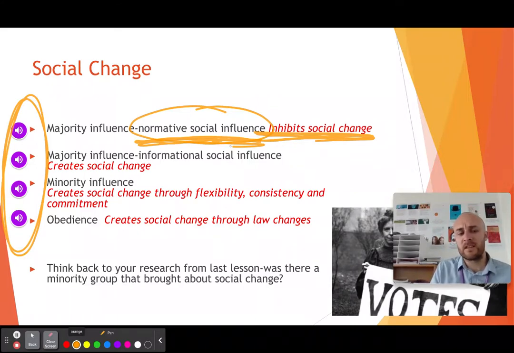But what happens if you actually truly believe in thruppleism, three-way? That's a term I just made up. What happens if you really believe in it and you stick to your guns? It's a little bit like normative social influence.